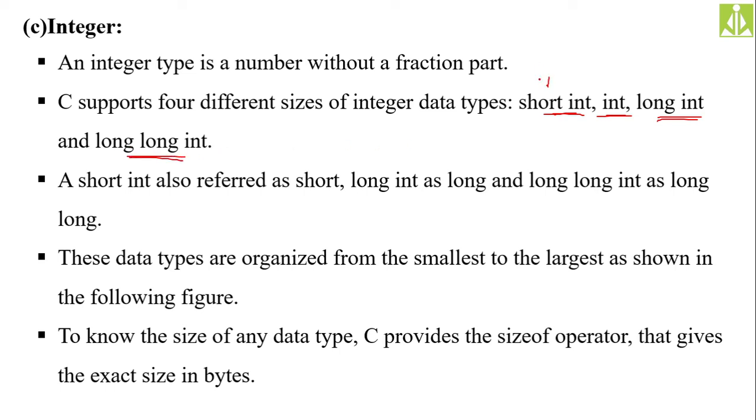This is one short, then int two, long int three, and long long int four. We have four different types of integers in C language.